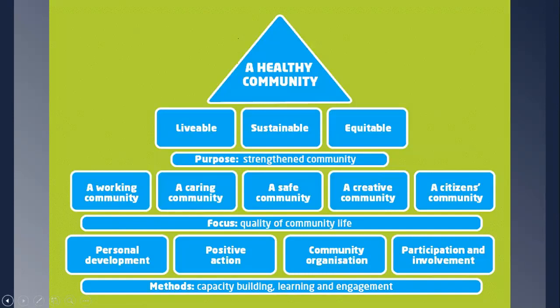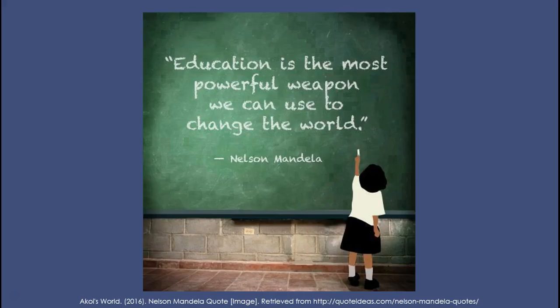We need to do that through our methods, the methods of capacity building, learning, and engagement, through personal development, positive action, community organization, participation, and involvement. As you can see, the scope of social innovation is immense. For that reason, we chose to focus on what we feel is at the core of society and progress.